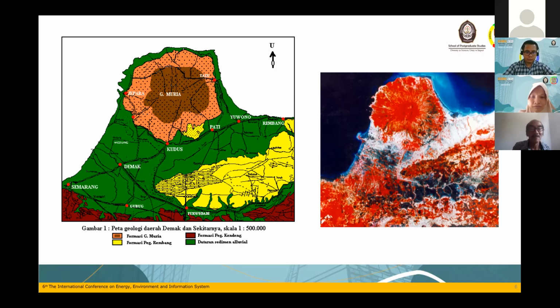This is a high area, and green is the sedimentation area. The picture on the right is a satellite photo, the same as the picture on the left.